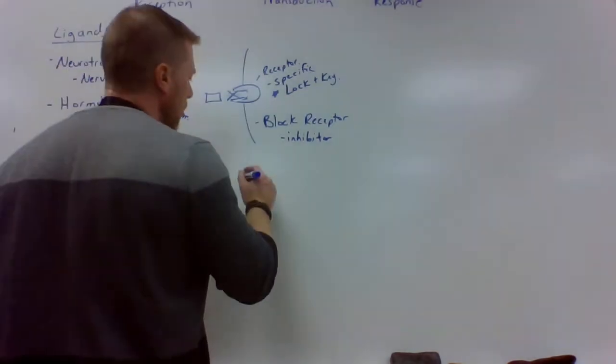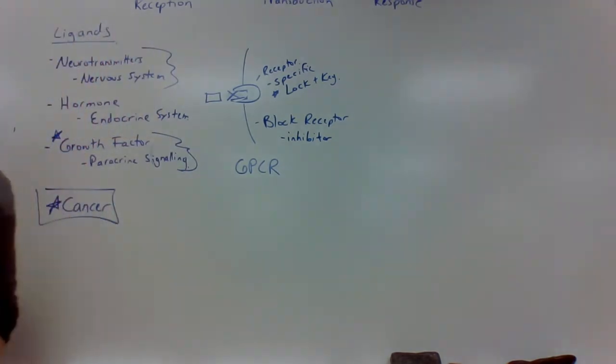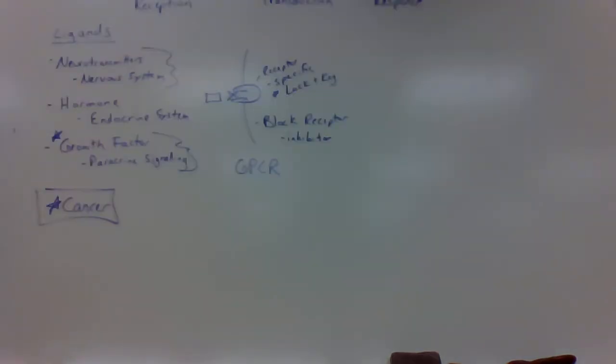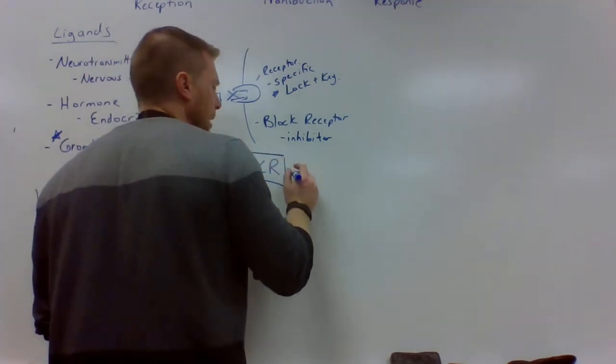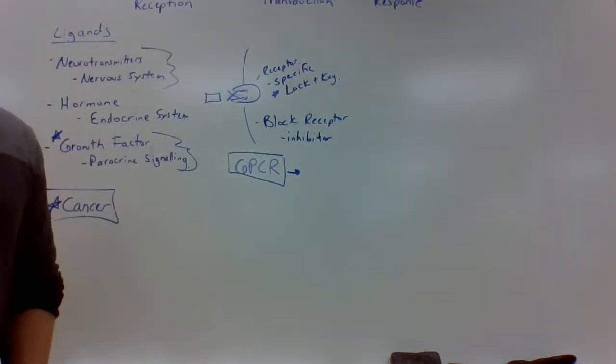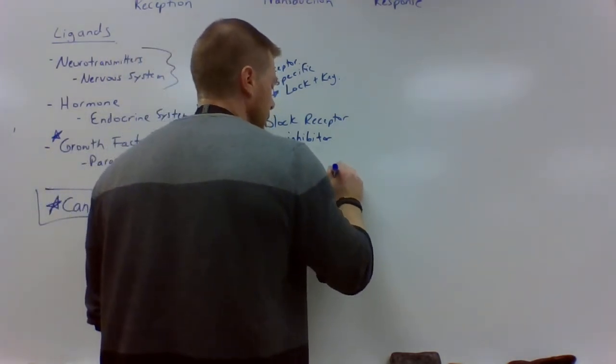Receptor type number 1 is the GPCR, the G protein coupled receptor. And it's called a G protein coupled receptor because attached to it is a protein called a G protein.